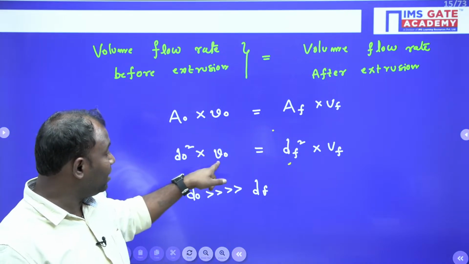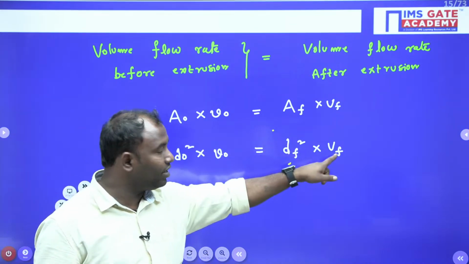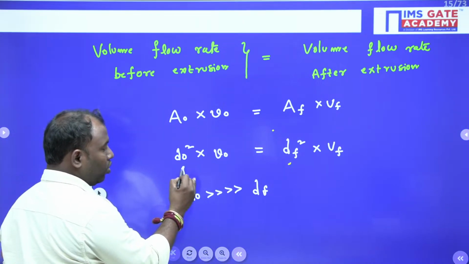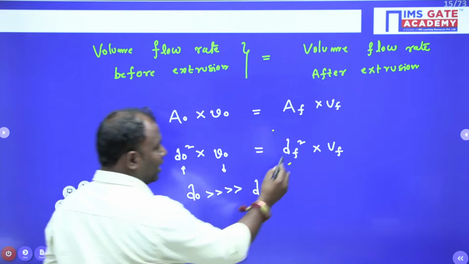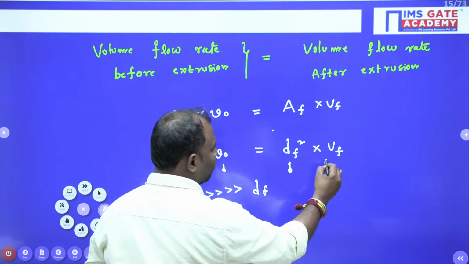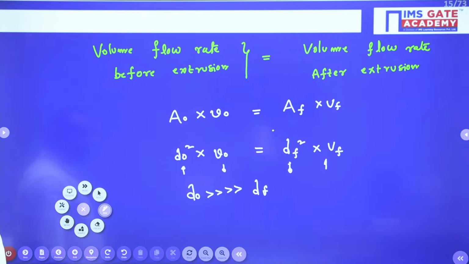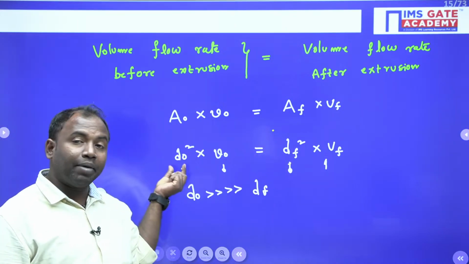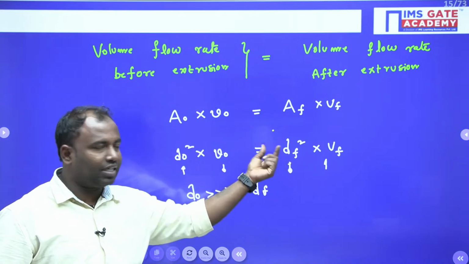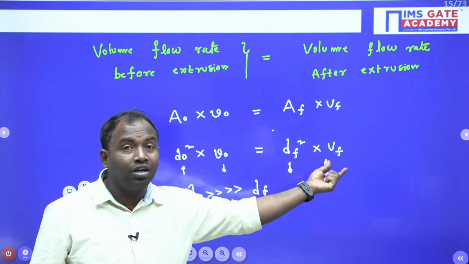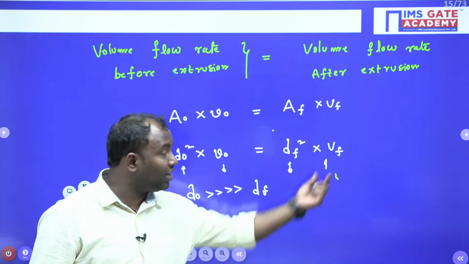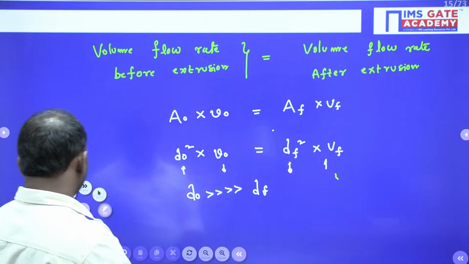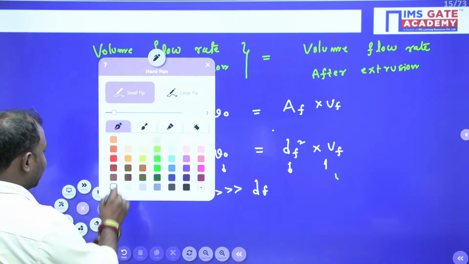To balance this equation, obviously V naught is less and Vf is more. Initial diameter is very large, final diameter is very small. In that case, to balance this equation, the final velocity of the extruded component is more than the initial velocity. Okay, so by using this, I can write this.